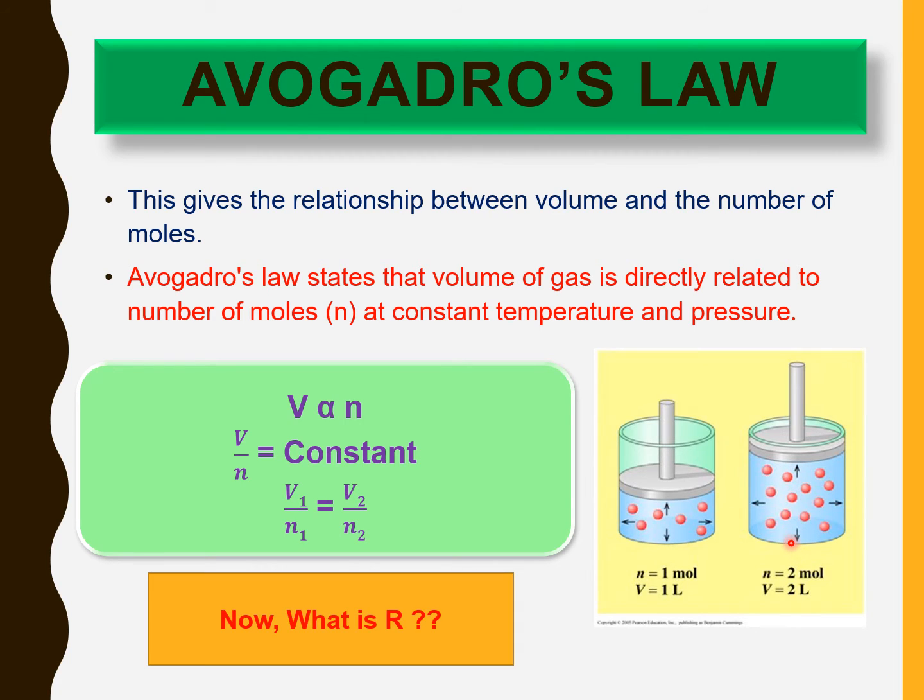So now we know what n is and its relationship to volume. What is R? Why did R come into the ideal gas law? Before we study R, as we are saying ideal, you have to know what ideal conditions are.